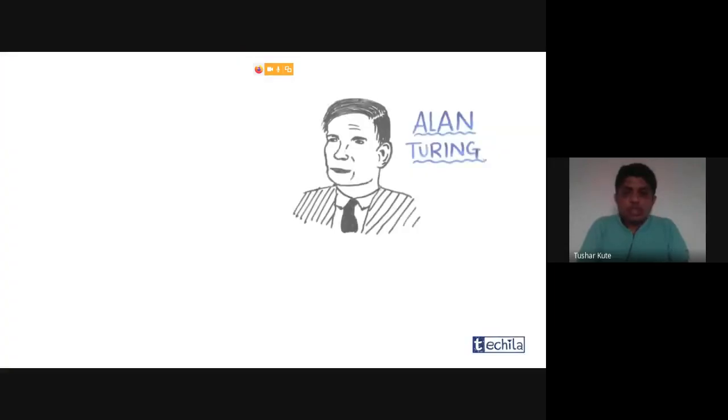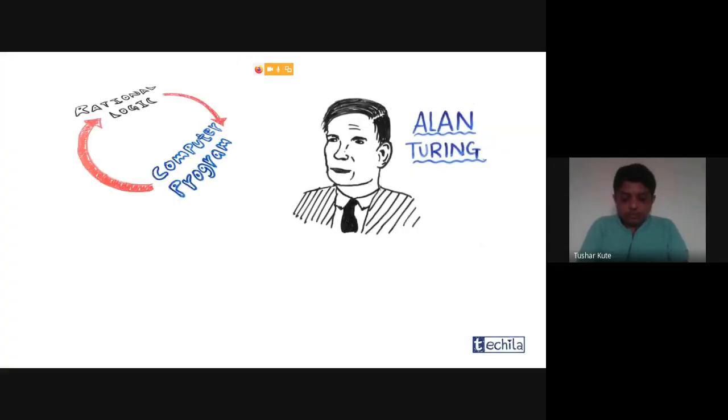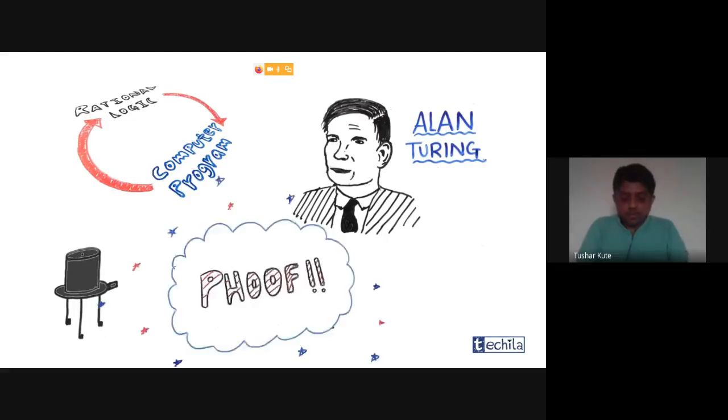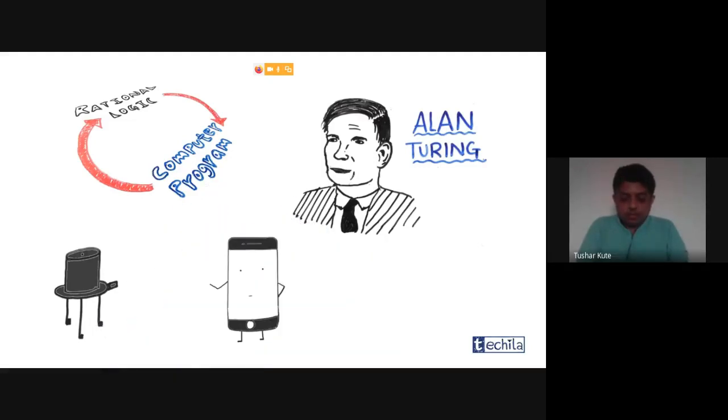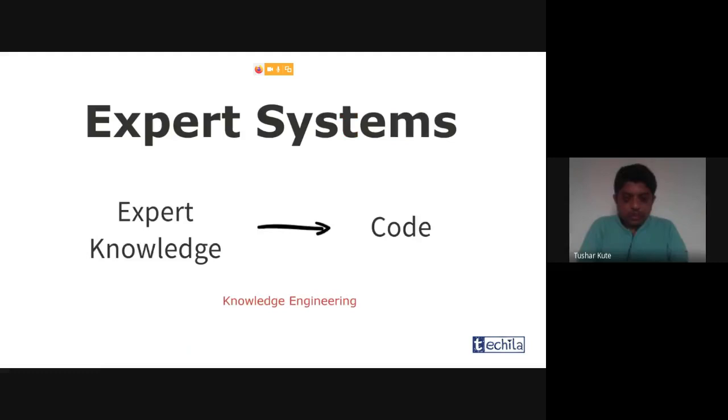A great man once theorized that any logical explanation or rational thought can be converted into a computer program. Now that we had the tools for testing these ideas, along with the technological developments in the field of computer science, the initial concept of artificial intelligence developed in the 1950s. Expert systems were among the first truly successful forms of artificial intelligence software, created in the 1970s.